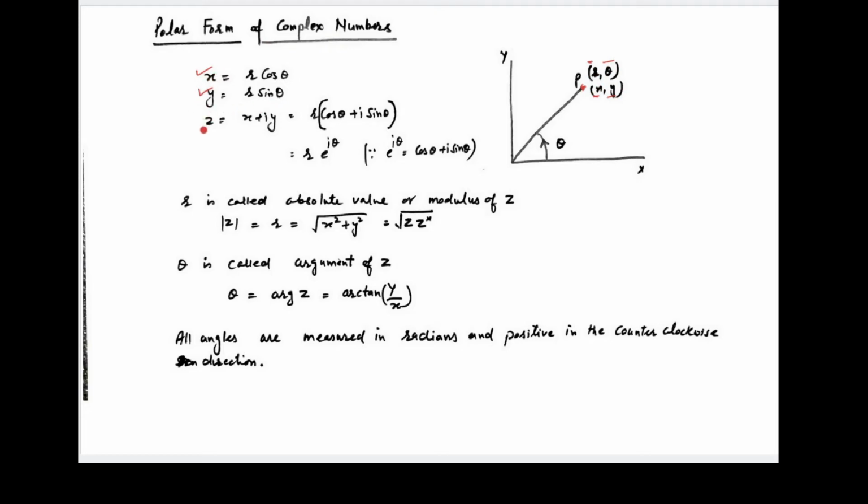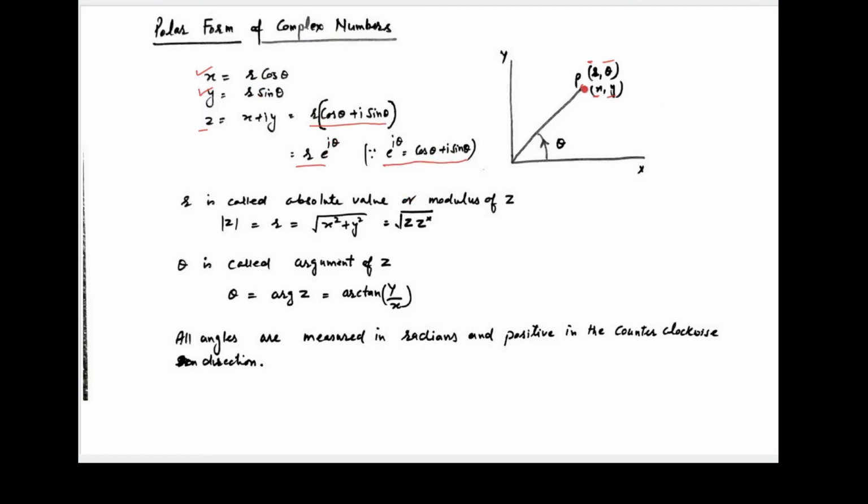And complex number z will be equal to x plus iota y. Substituting value of x and y here, we get r e raised to iota theta by using these relations.